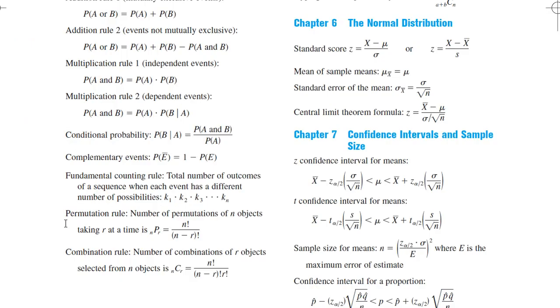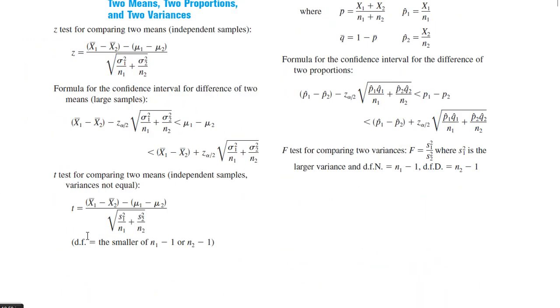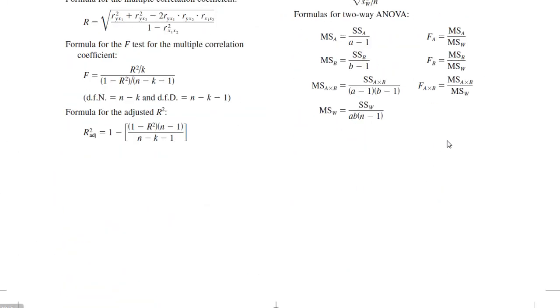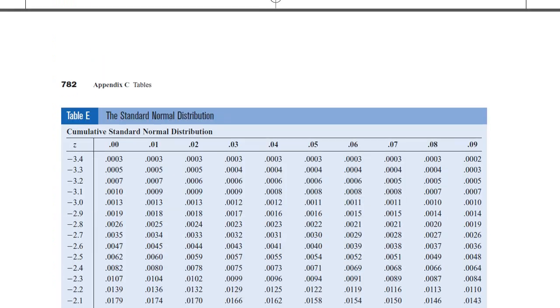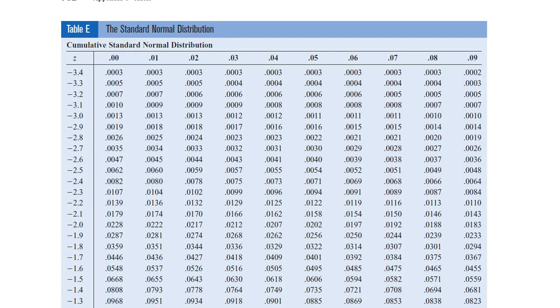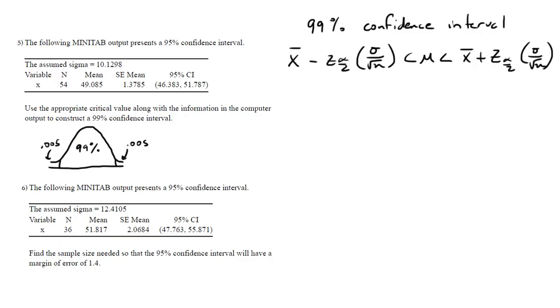And that'll give me this Z value here. So let's pull that up. Let me scroll down faster. We're looking for 0.005. Here we are, 0.0051, 0.0049. I'm going to choose this one. It rounds up. Negative 2.58. Okay.